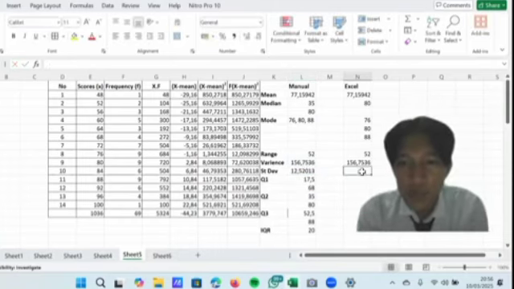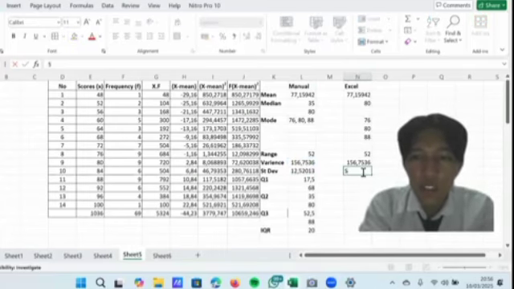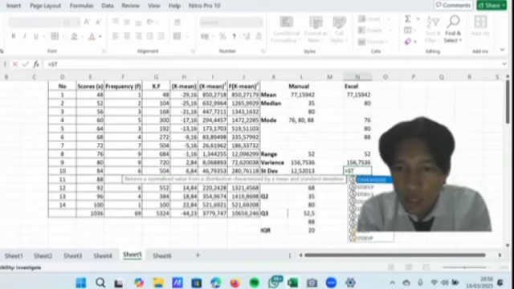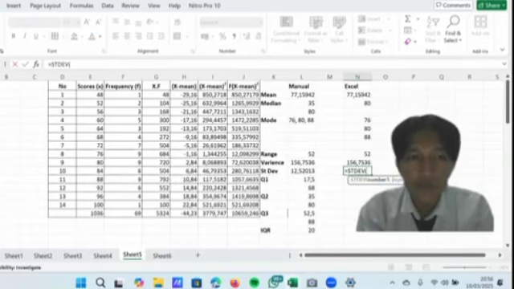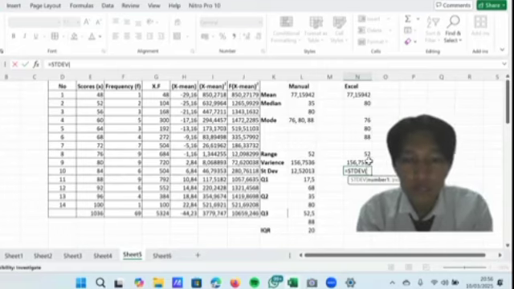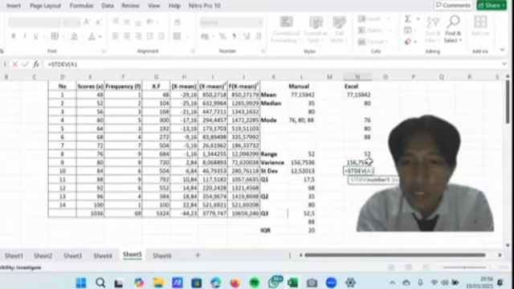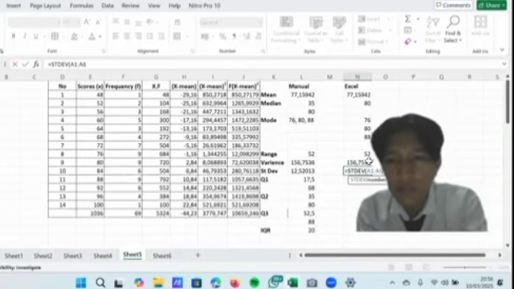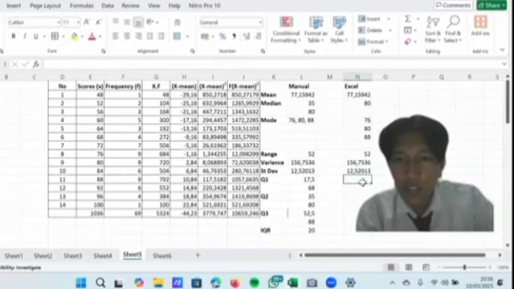All right, let's prove it. Equal STDEV, and then A1, and then enter. All right.